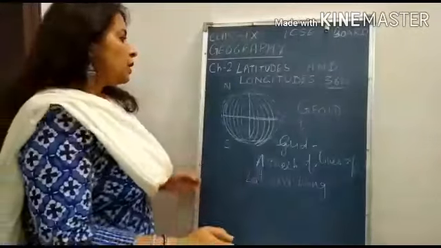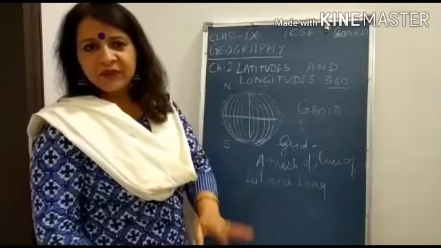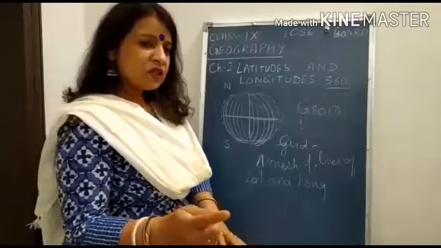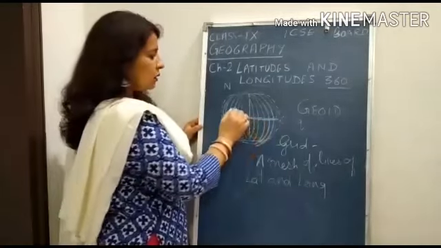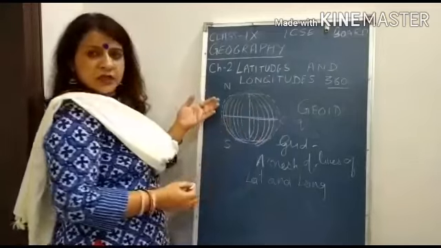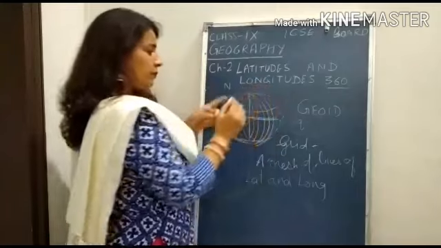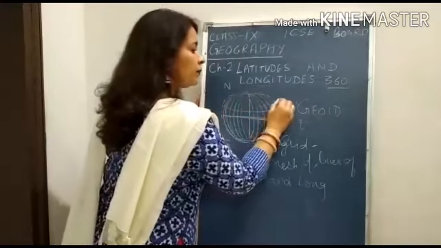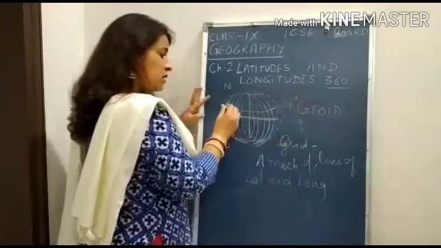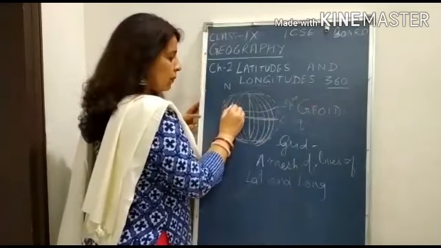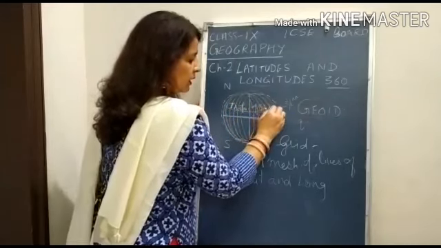Okay. So we have 5 parallels of latitude. I think you are familiar. This is 0 degree equator. And if we move towards the northern hemisphere, the first parallel of latitude is at 23.5 degrees north, that is the Tropic of Cancer.